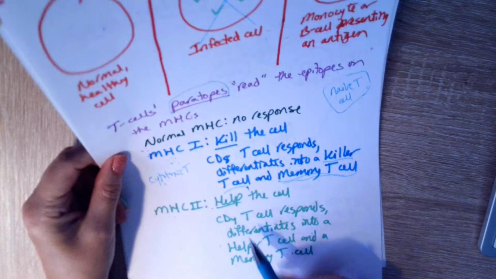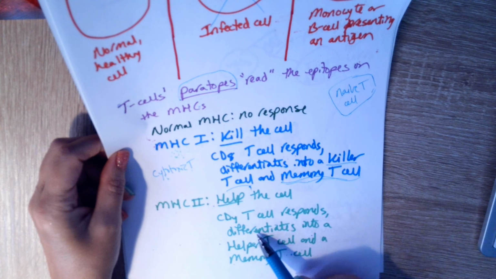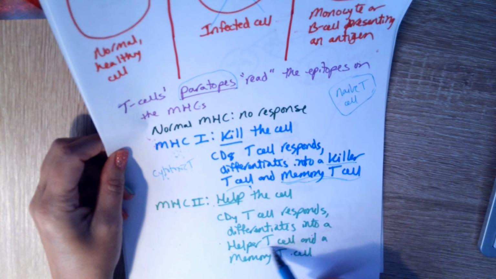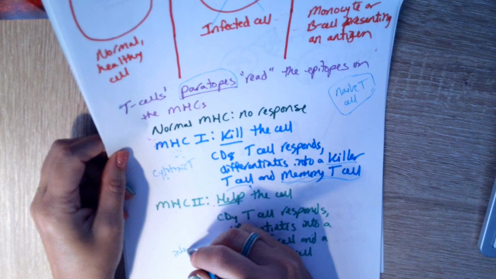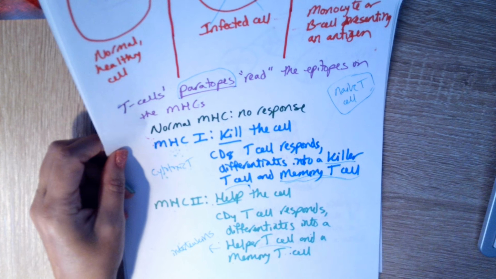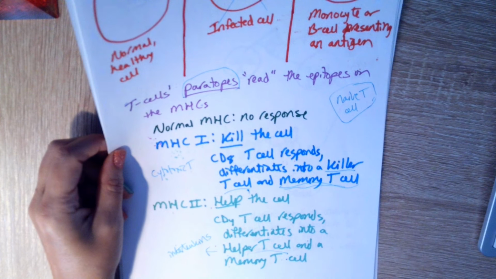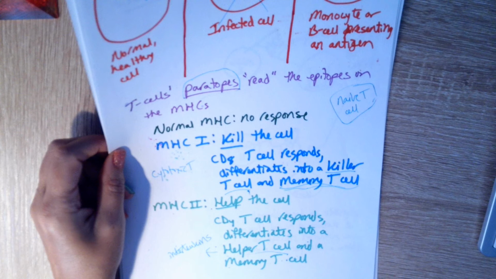So the CD4 cell, when its paratope binds to that epitope, is going to differentiate into something called a helper T cell, which will send out cytokines, and specifically interleukins, which help to stimulate B cells into differentiating into cells that make antibodies.